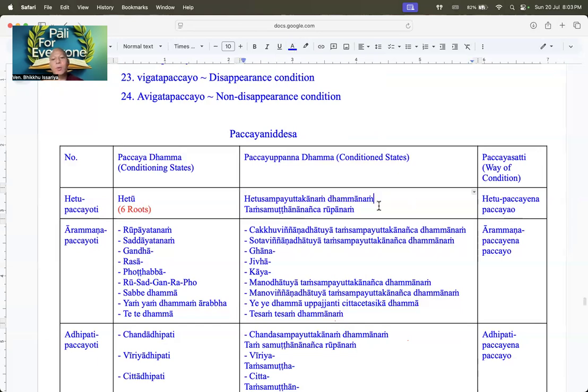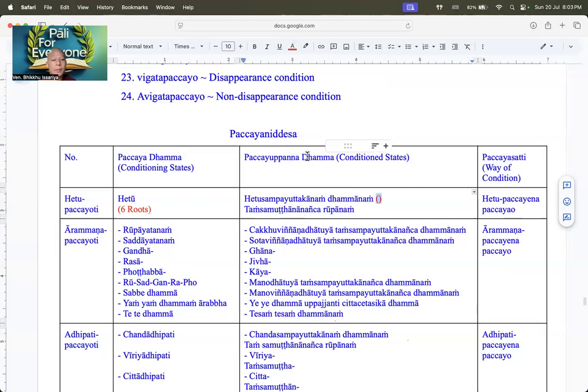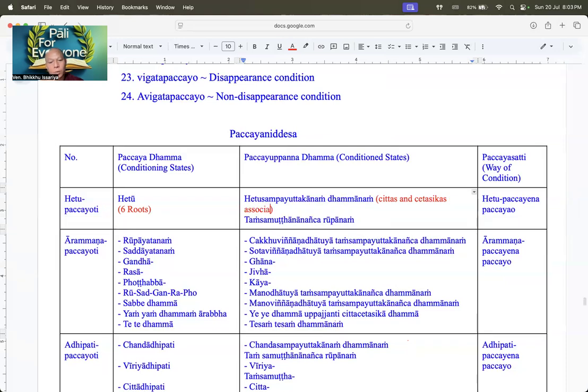And then here hetu sampayuttakanam dhammanam. So that one is referring to the Jetas and Jetasikas associated with the root. So associated with roots. Okay. Now in this way it can be.